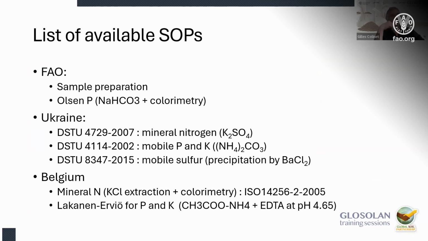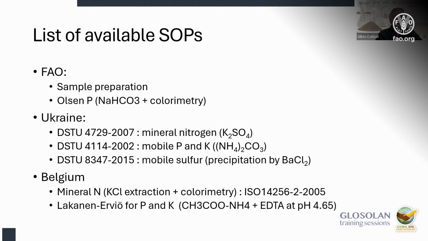So for today, there are some SOPs that were available from the FAO, such as the sample preparation, which I already told you about. There is also a SOP about Olsen-P, which is an evaluation of the available phosphorus based on extraction with sodium bicarbonate.